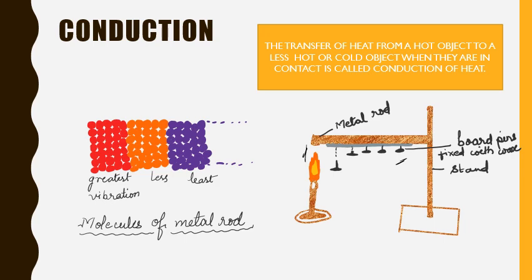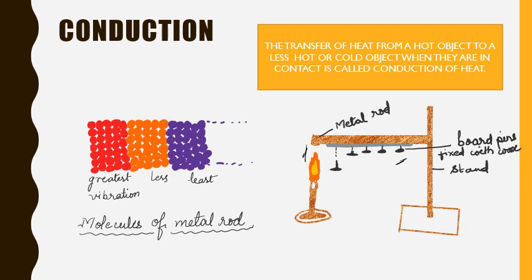You will notice that as the rod gets hot, the wax melts and the nails start falling off. And you will also see that the nail which is closest to the flame will fall off first, while the nail which is farthest from the flame falls off the last.